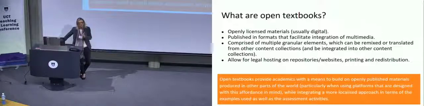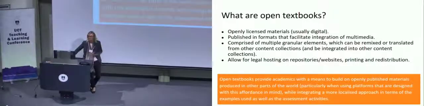They can be comprised of particular elements that might be useful for the user, not perhaps the entire textbook, but chapters or aspects of chapters. So they allow a lot of flexibility in the technical side of creating these textbooks. And these can be legally hosted on websites and repositories and printed and redistributed because of the open license.